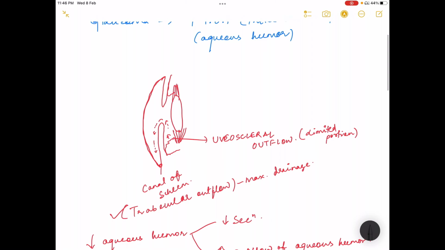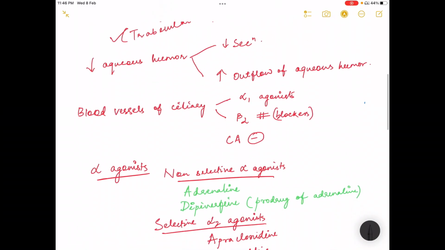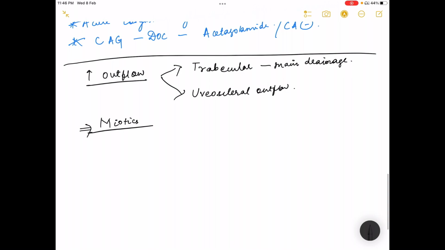Why miotics? Because whenever we give miotics, the pupil will be constricted. So this will get distended and this canal will become patent, and that way the aqueous humor will be drained here. So miotics are useful in glaucoma.